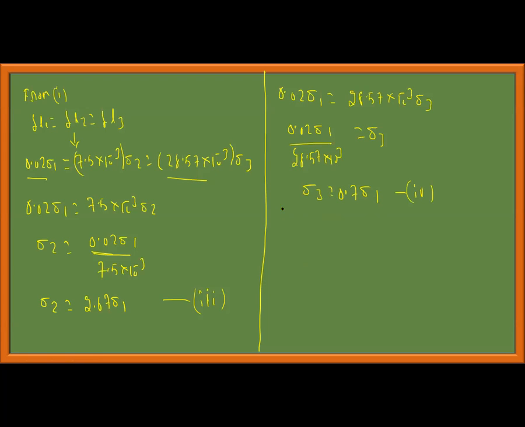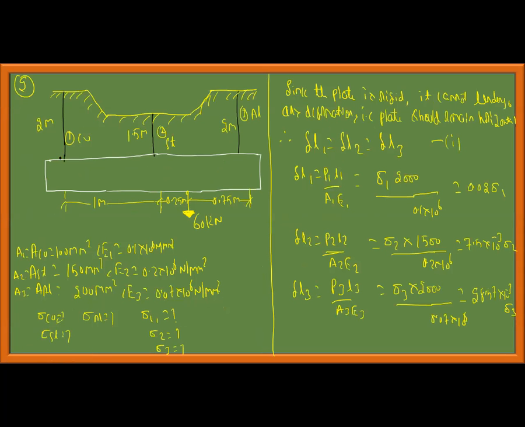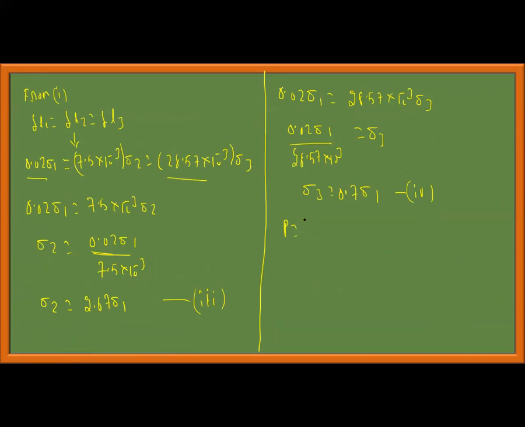We know that total load is equal to load on member 1 plus load on member 2 plus load on member 3. Total load is shared by copper, steel and aluminum. Let me write P is equal to P1 plus P2 plus P3.